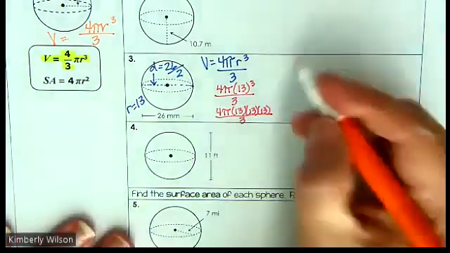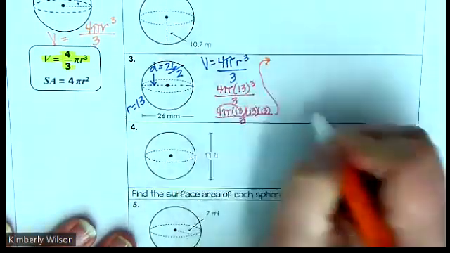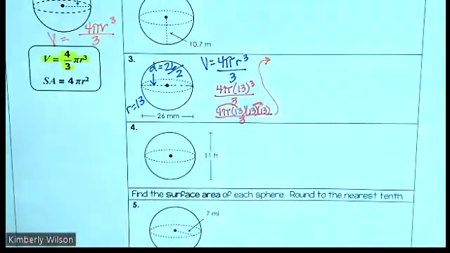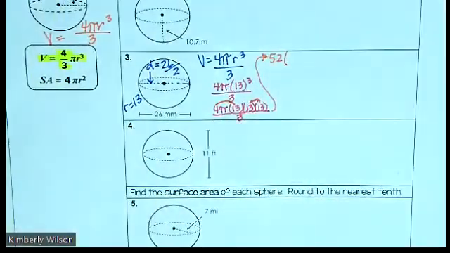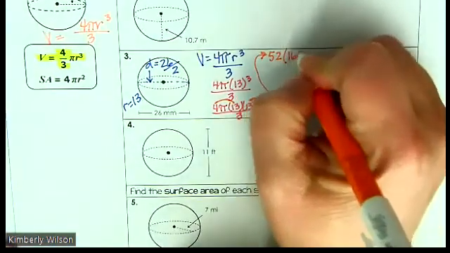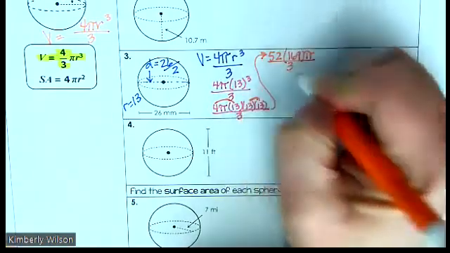Okay. Now I'm going to multiply these two together and these two together. 4 times 13, which is 52. So I have 52 times 13 times 13, which is 169 pi, all divided by 3.